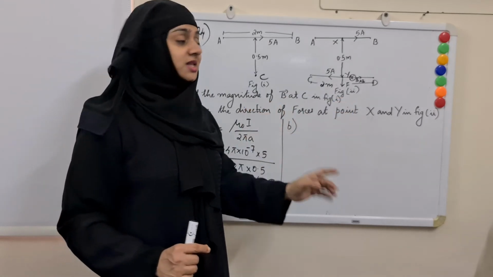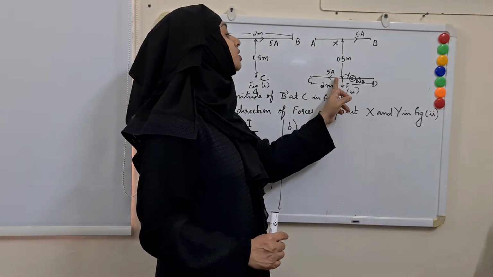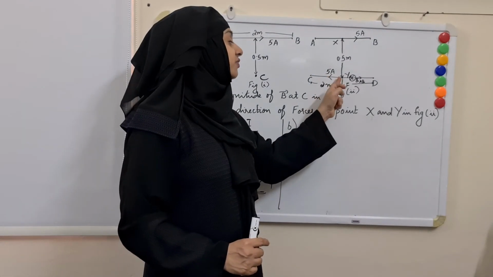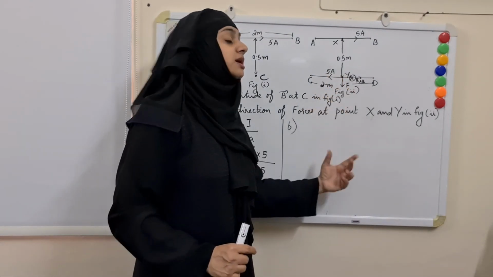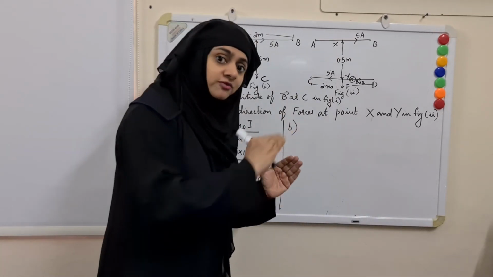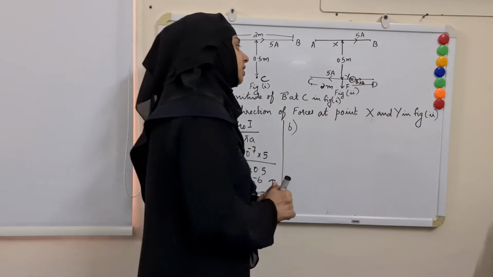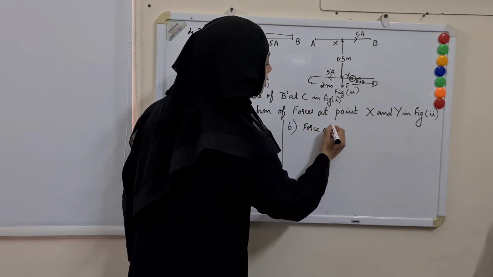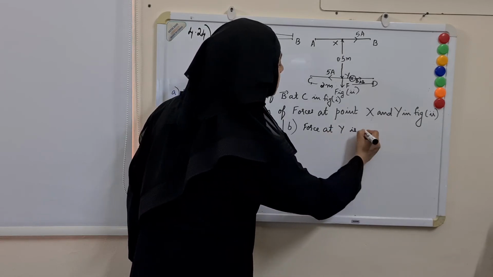Accordingly, we get the force acting on CD as downwards, or the force acting at point Y is downwards. I am just writing the result here, but for exams, you have to mention these two rules as well. So here, force at Y is downwards.